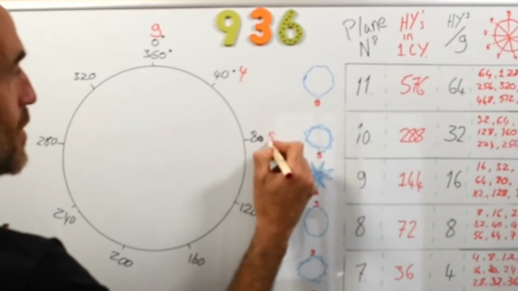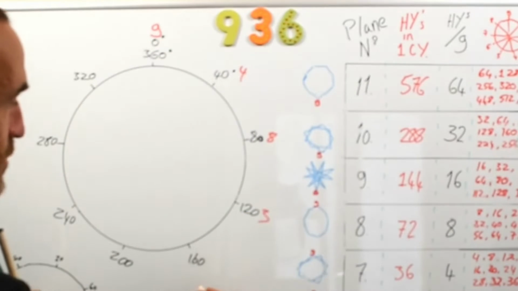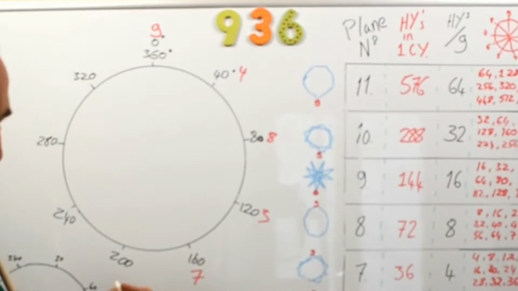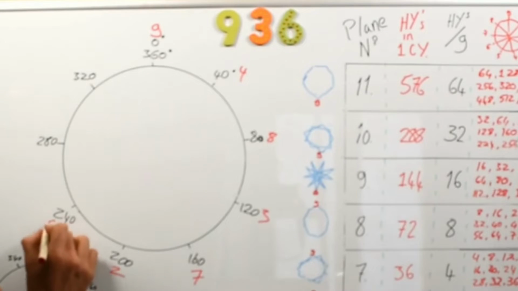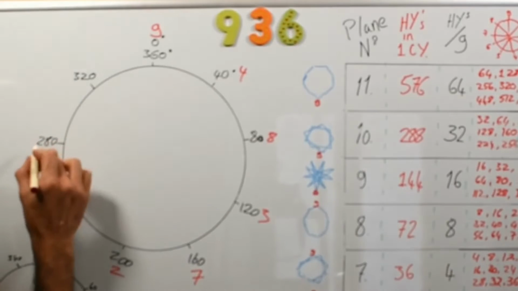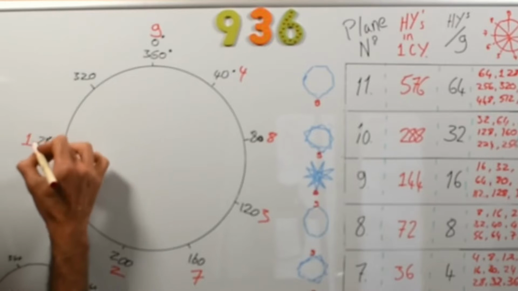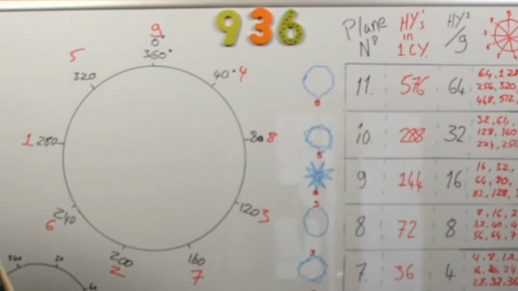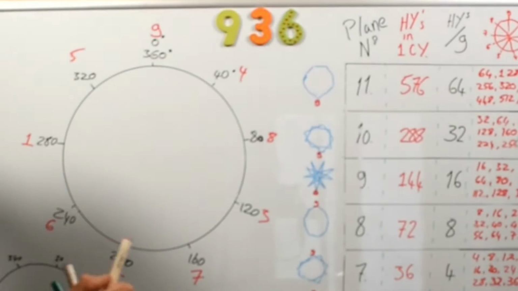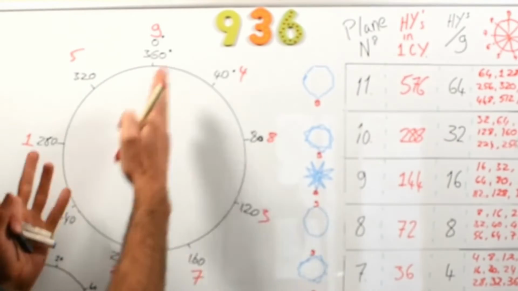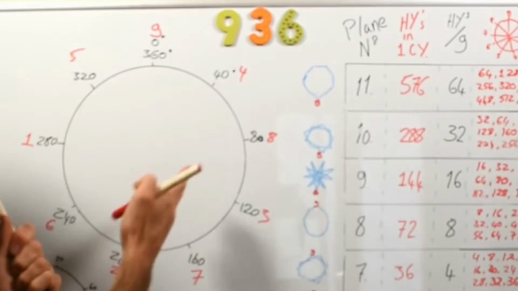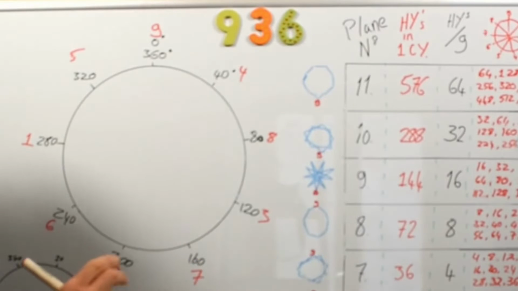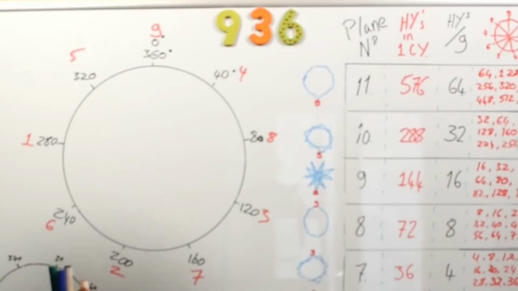This is a 4, this is an 8, this is a 3, 1 plus 6 equals 7. Here we've got a 2, here we've got a 6, 2 plus 8 equals 10, 1 plus 0 is 1, 3 plus 2 equals 5. So it's always consistent with a 9-spoked wheel, a circle divided up into 9. We're always getting one of each number going around it.